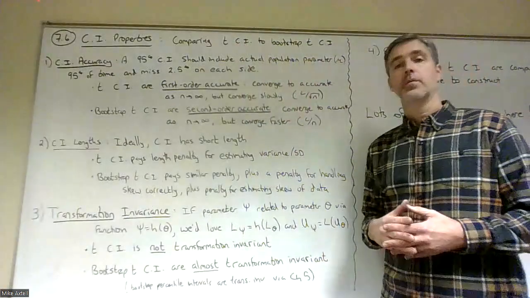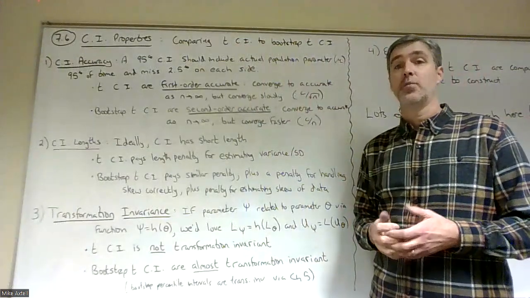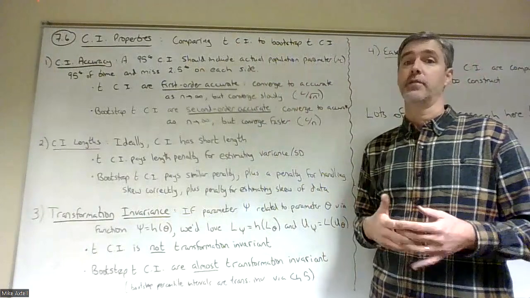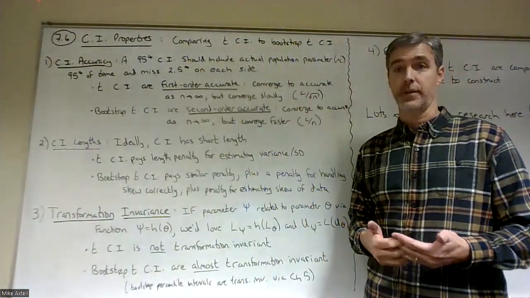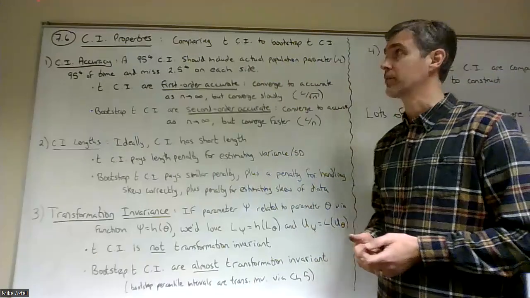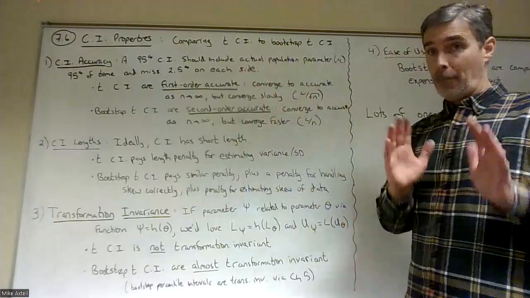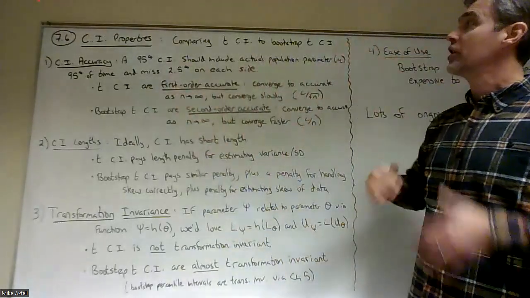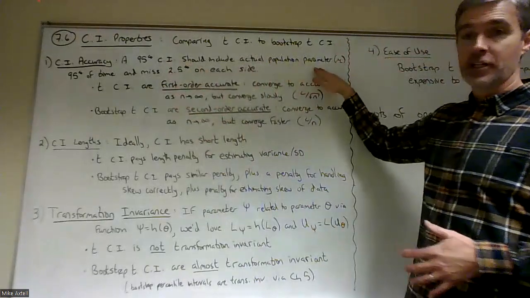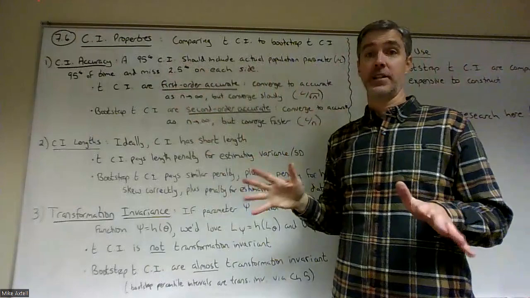All right, so this is section 7.6, and we're basically going to illustrate that we can start to compare these two different methods of creating confidence intervals, but there's a lot of work still needs to be done by statistical researchers, okay? So first off, confidence interval accuracy. By definition, a 95% confidence interval should include the actual population parameter we're interested in, which has often been mu, 95% of the time.